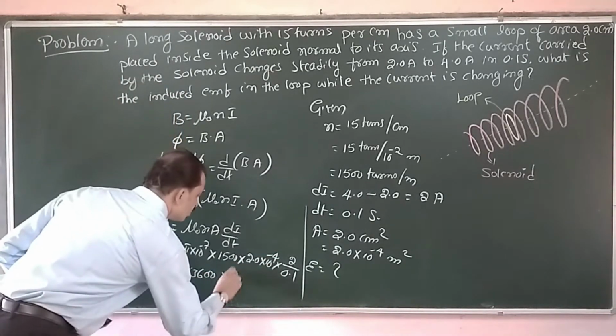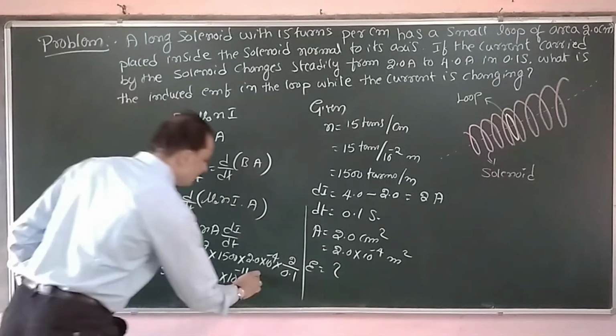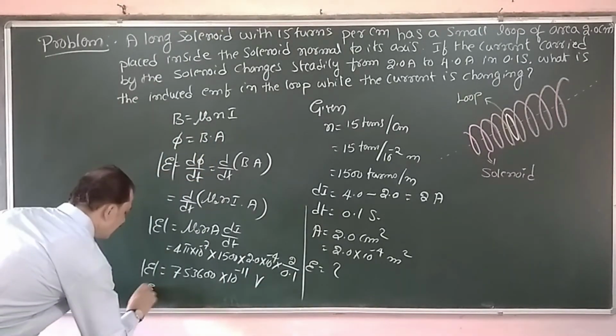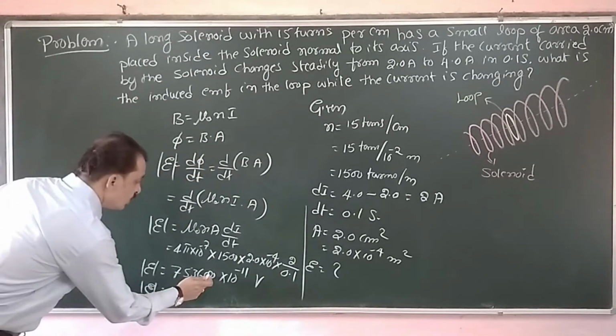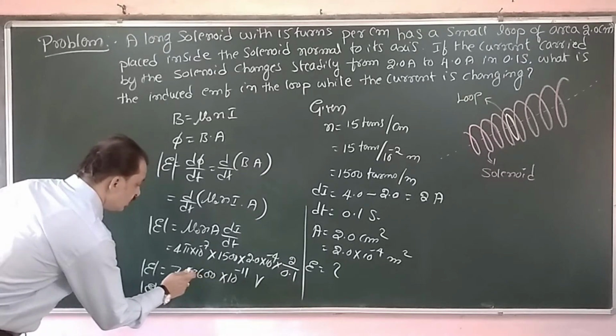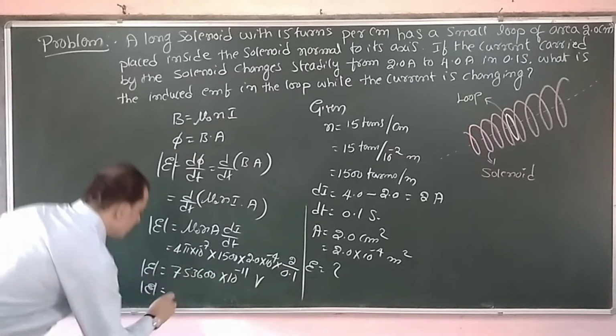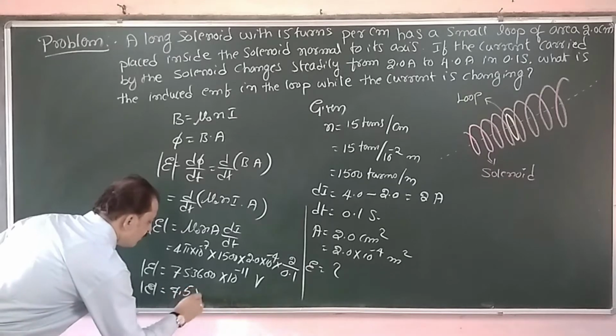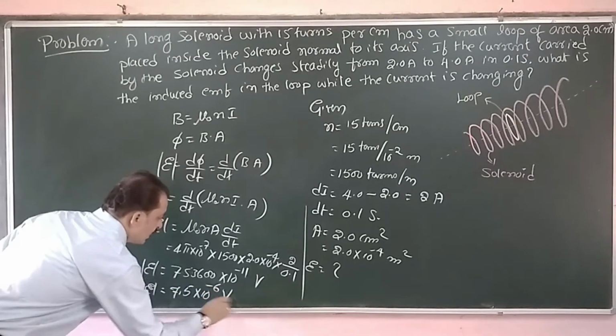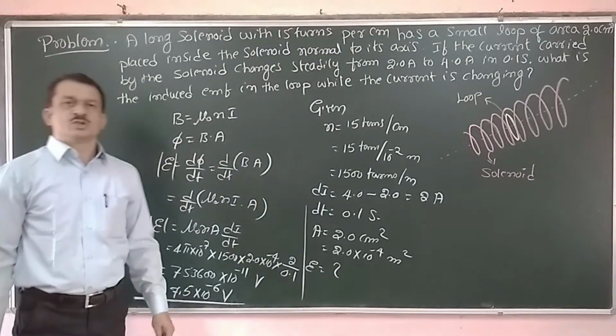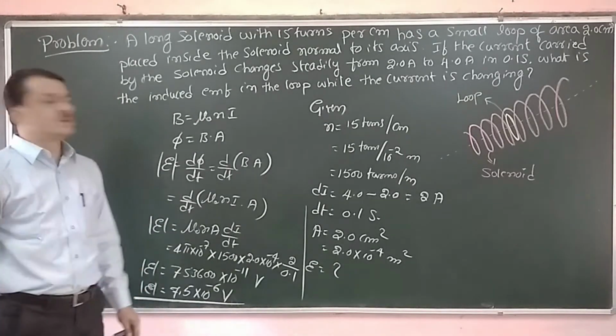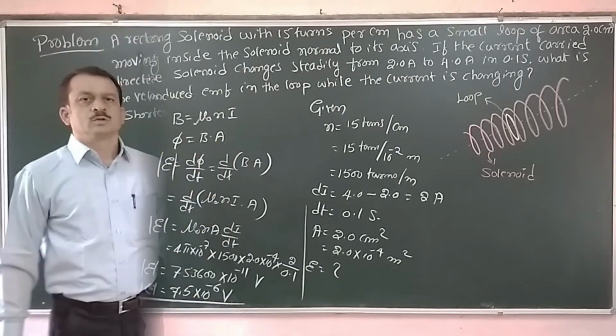Therefore it is 10⁻¹¹ volts. Or I will get the induced EMF equal to 7.5 into 10⁻⁶ volts. So this amount of EMF is induced in that loop.